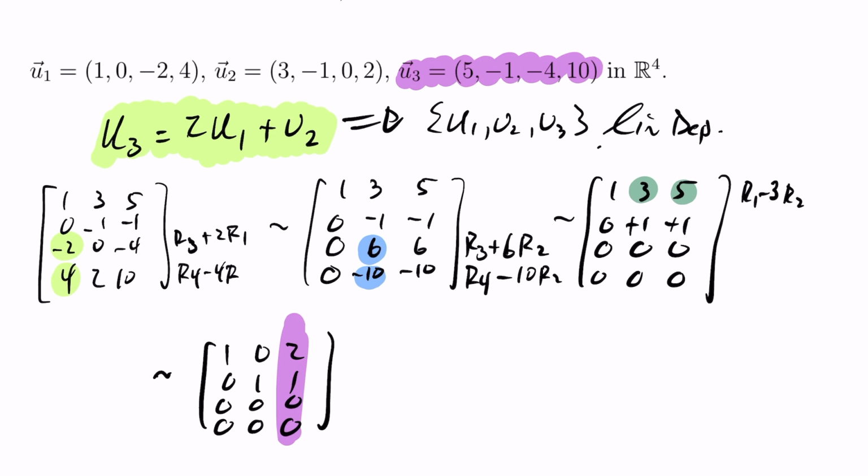So again, as highlighted in the lessons, grab the columns that have the leading ones, the anchors here. Grab those values, and those will end up being your linearly independent vectors. So putting this together, we can now conclude that this set is linearly dependent, in that the third vector is just a scalar multiple combination of the first 2.